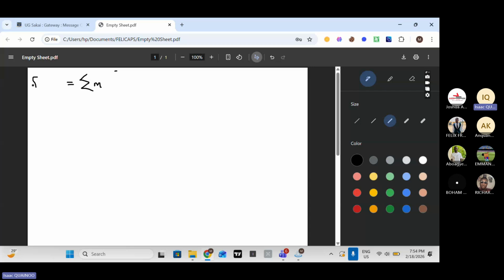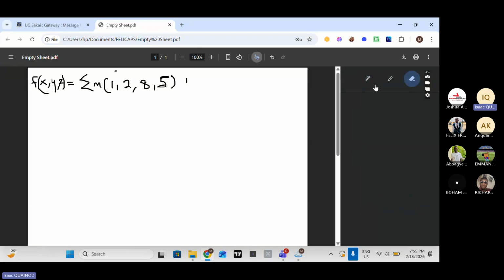You are given something like f(x, y, z), and you are told that the set of min terms for this particular expression are 1, 2, 8, 5. Or sometimes, if maybe there is a don't care, you have something like plus d whatsoever. But let's assume it is not that.